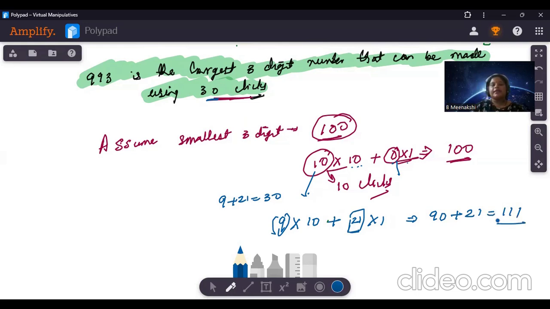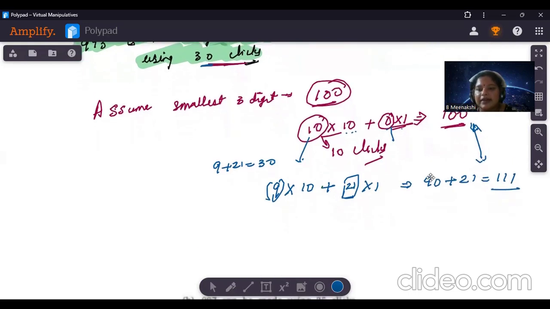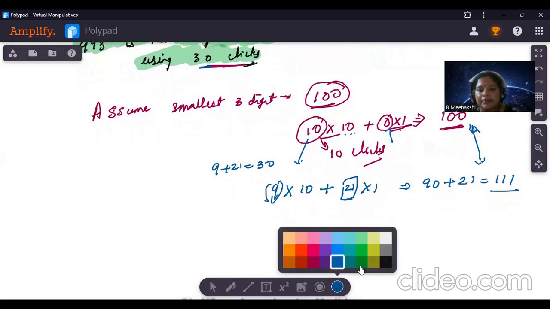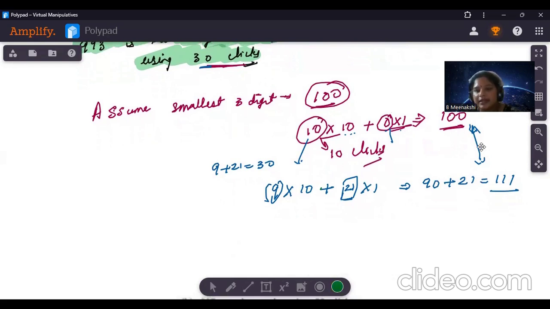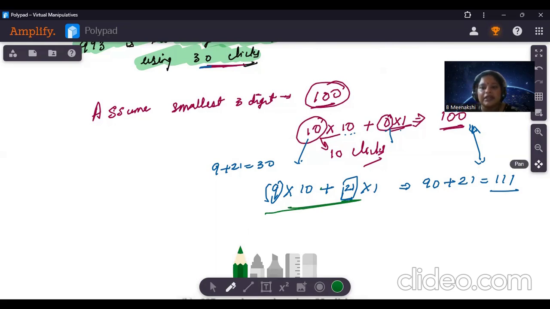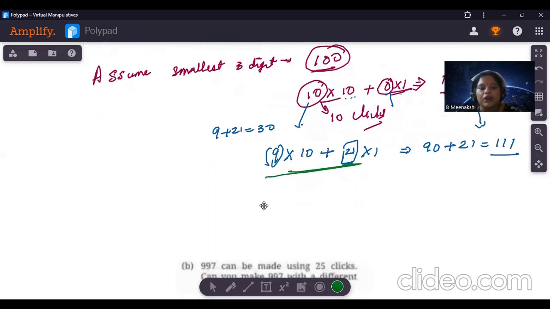But let us also see if there is any number between 100 and 111 which can be obtained by this method. So we can decrease this to 8 into 10. How many clicks are left out?